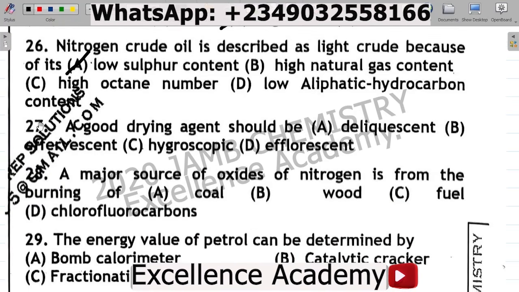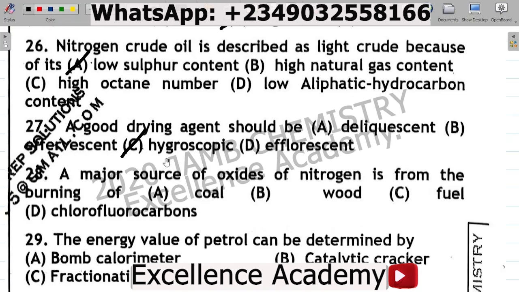Next up, question number 27. 27 says a good drying agent should be A, deliquescent, B, effervescent, C, hygroscopic, D, efflorescent. For question 27, the correct answer is C, hygroscopic. A good drying agent should be hygroscopic.